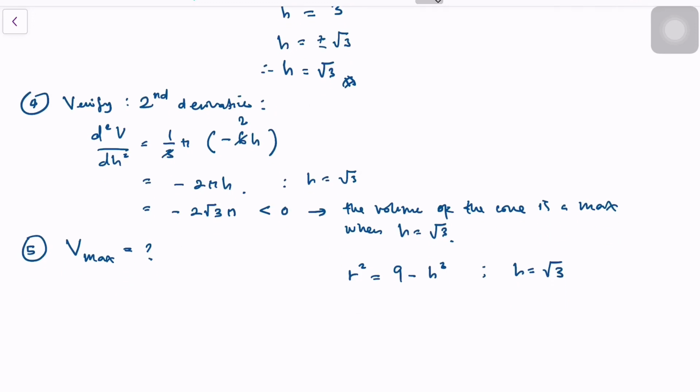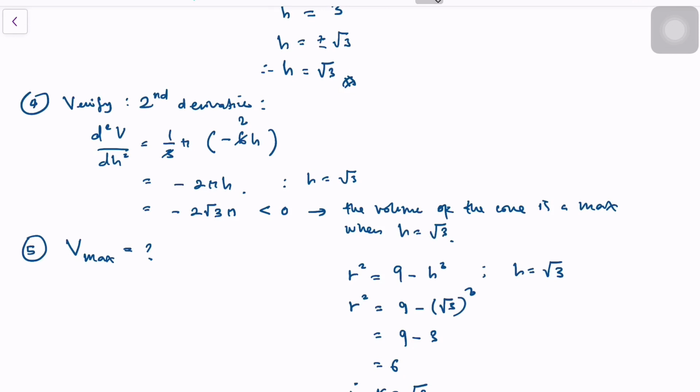Then kita substitute masuk dalam r squared is equals to 9 minus 3 squared. Okay, then it becomes 9 minus 3, which is equals to 6. Therefore r is equals to the square root of 6. So remember again, kita tak ambil nilai negatif dia disebabkan oleh distance tadi.